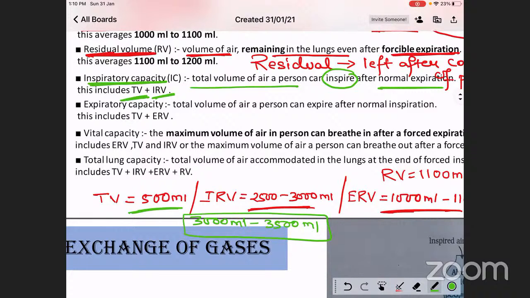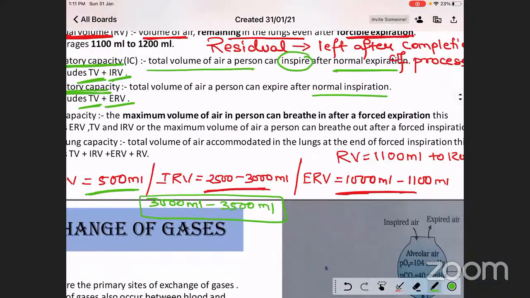Then coming to the expiratory capacity, meaning how much you can expire. Before expiring, you have to do the normal inspiration, meaning normally take in air. Now you will forcefully leave the air from your body, meaning we have taken the TV, and other than TV we are also taking the additional expiratory volume, that is the expiratory reserve volume. Okay, so TV is 500 ml and ERV is from 1000 to 1100 ml.